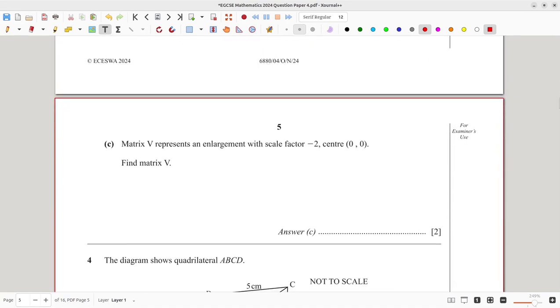Next question: you are required to find matrix B, which represents an enlargement with a scale factor of -2 about (0, 0). That's a pretty simple one. For enlargement, the matrix is going to have 0 everywhere, but it's going to have the scale factor on the main diagonal.